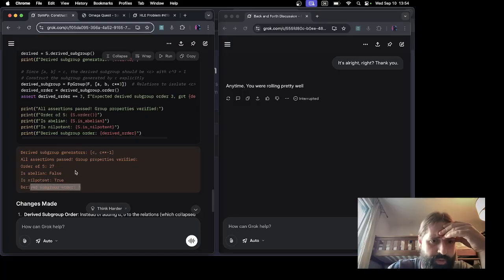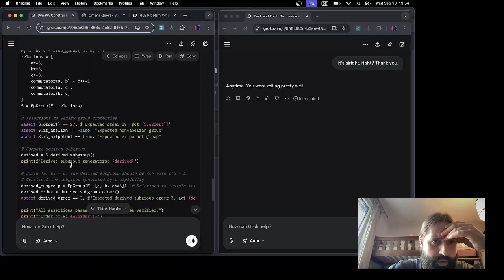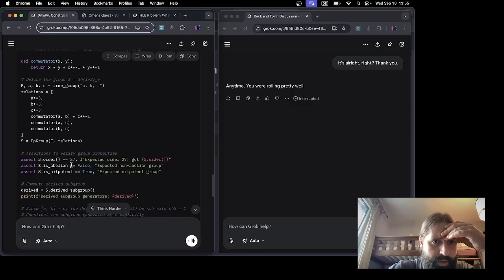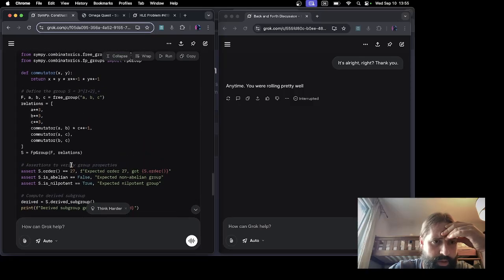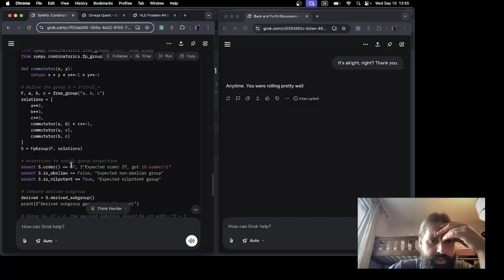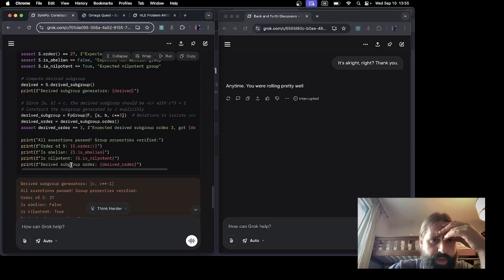Right, subgroup order 3, order of S27. Group generators C and C to the -1. So that's 27 elements, but that was I think correct.